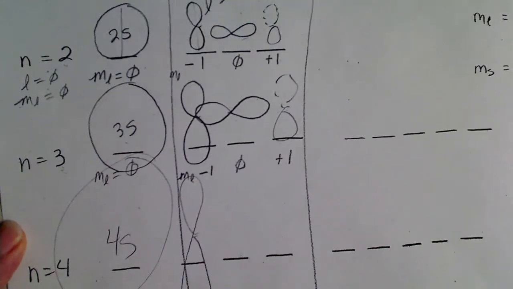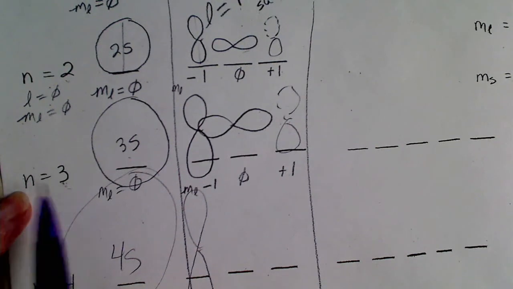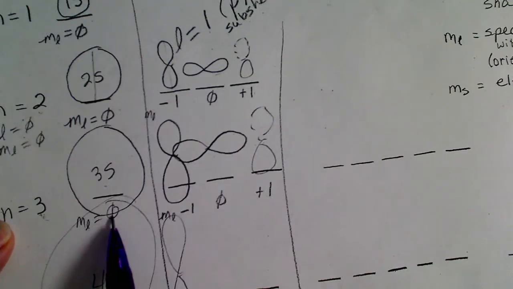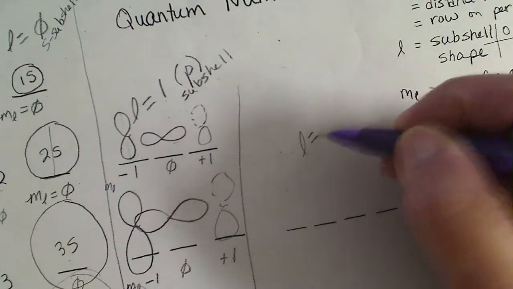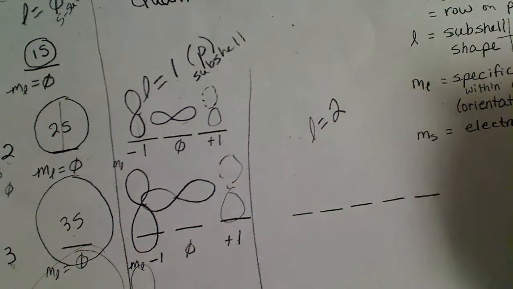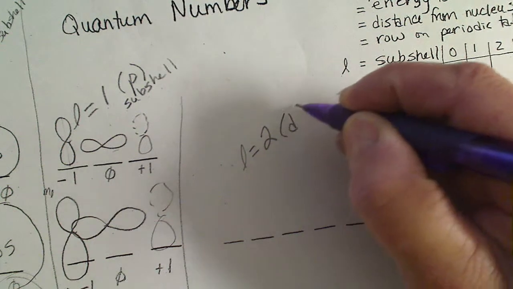Okay. So going back to the third level, when n equals 3, there are 3 quantum numbers for L that we can use. Start counting at 0 and 1, and here's where we add the L equals 2. And L equals 2 corresponds to a d subshell.